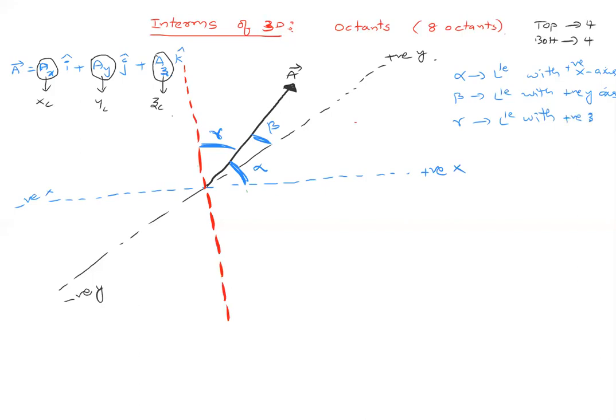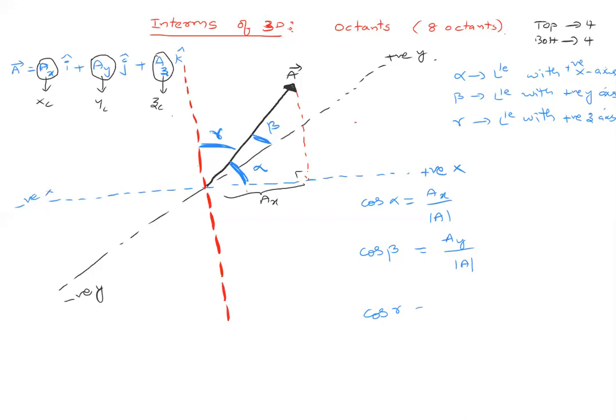Now in 3 dimensional space, if you are drawing this, taking this component and projections, if this is ax and you drop a perpendicular, cos alpha is adjacent side by hypotenuse, so you'll get cos alpha is ax by mod a. Similarly, if you drop a perpendicular to the y-axis, you will get cos beta is equal to ay by mod a.